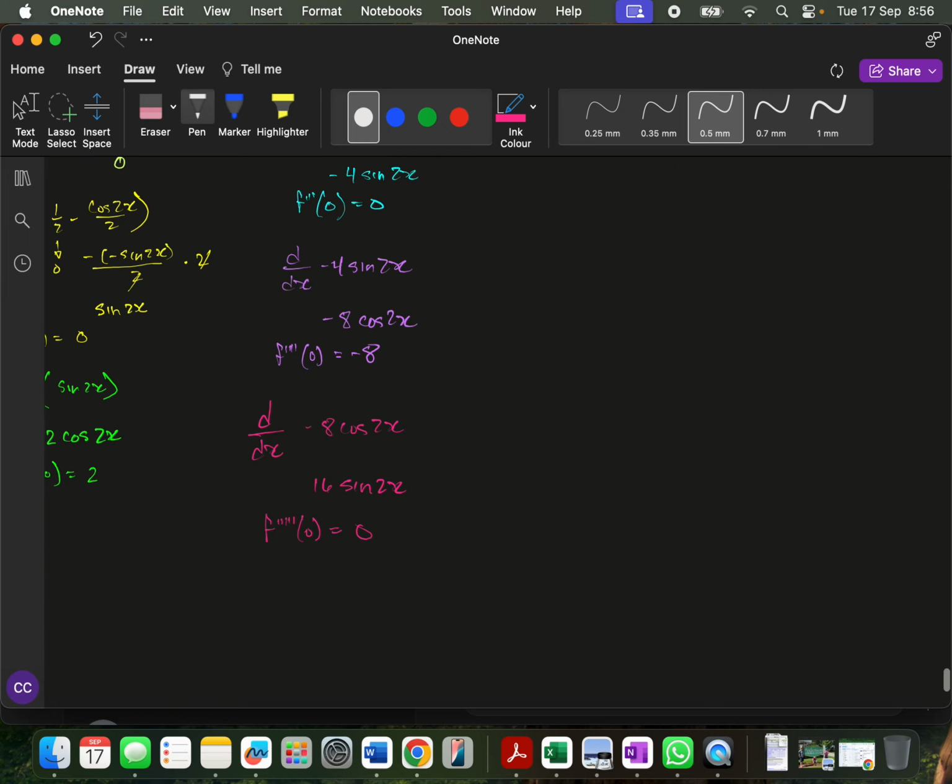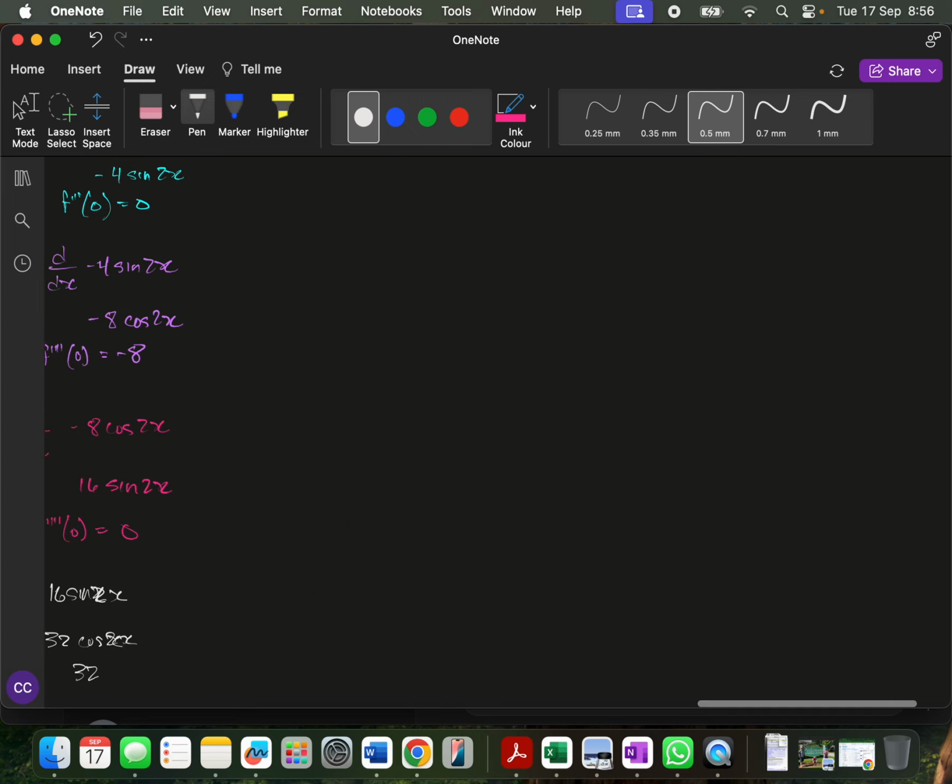We just have to do the sixth now. That would be d/dx of 16 sine 2x, which is going to be 32 cosine of 2x, and that's just going to give me 32 when evaluated.